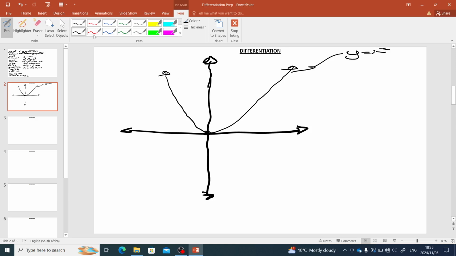Then for our second one, we just determined that it has to cut at 0 and 2.